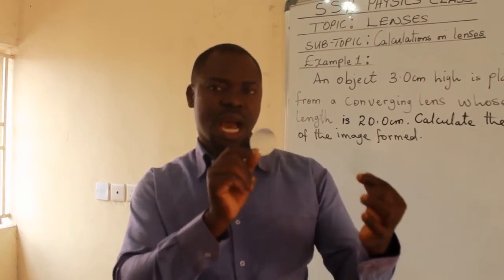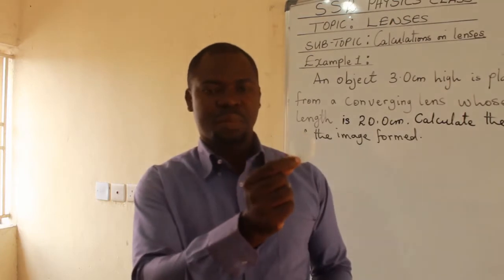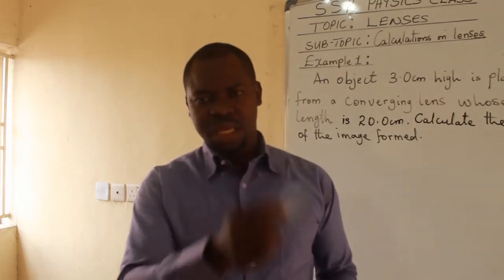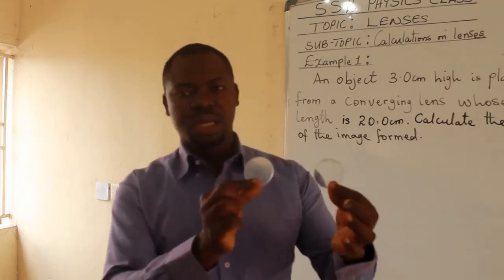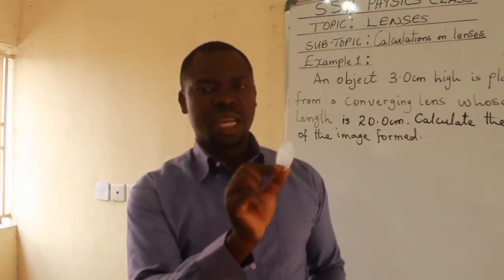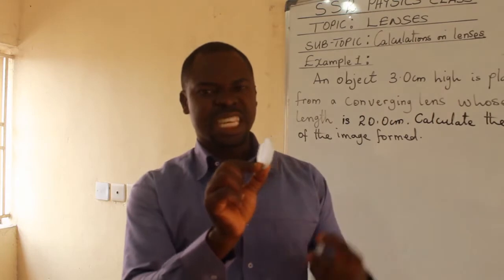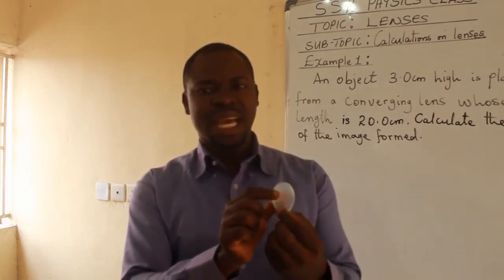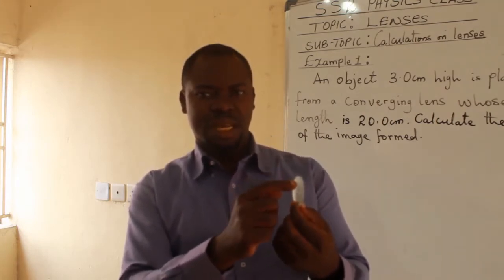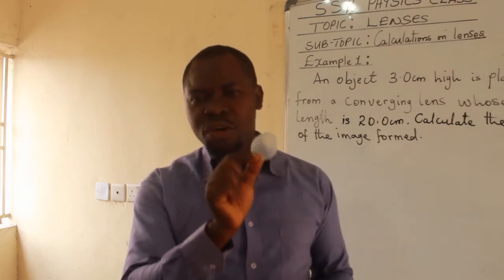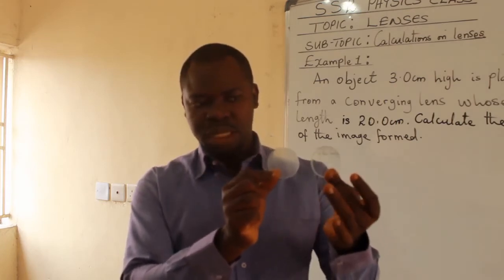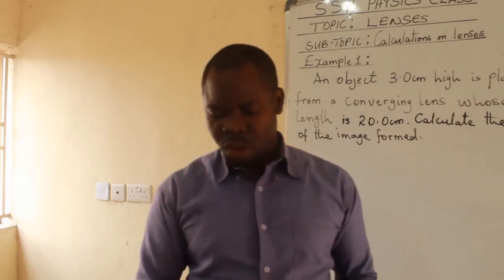Also, for the concave lens, we have this. A concave lens bulges inward, so the inside is thinner than the round edges. So these are examples.